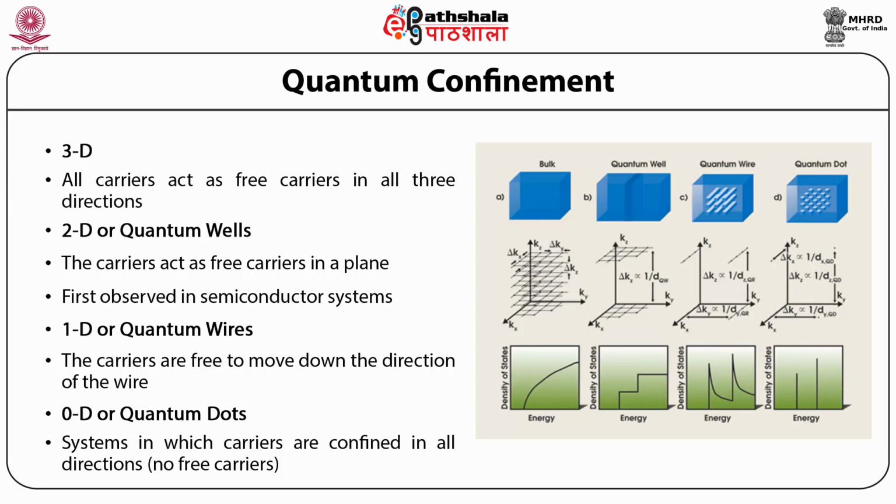Since there is a continuum of states for each of the dimensions that do not exhibit quantum confinement, the density of states depends on the dimensionality of the material, which is shown in this figure. The states of quantum dots become discrete, with energies of a few hundred meV between the quantized states.